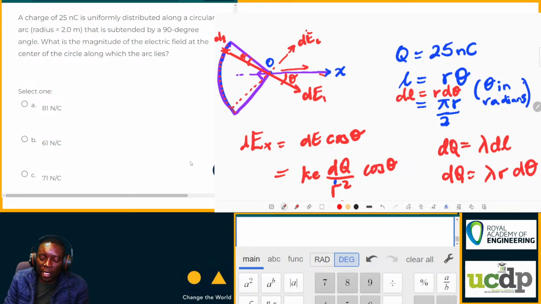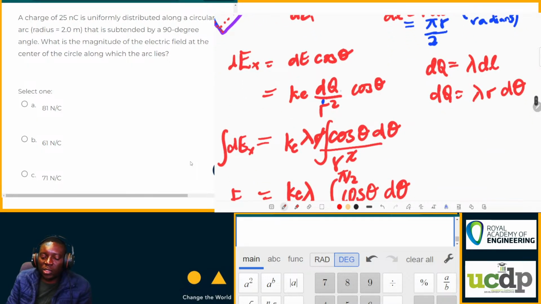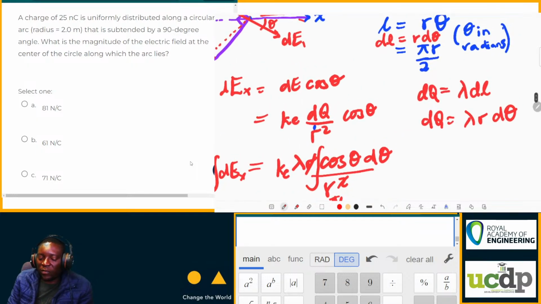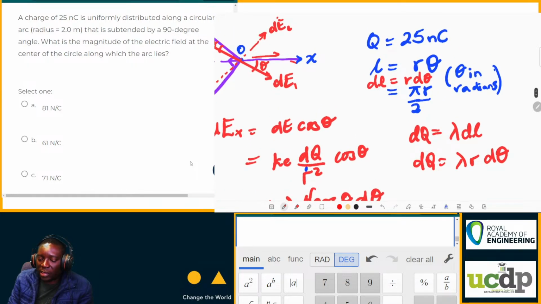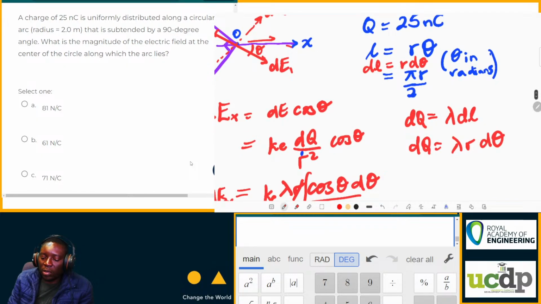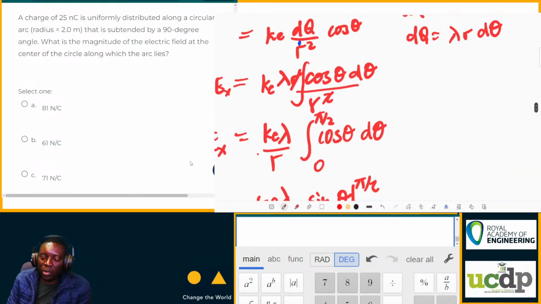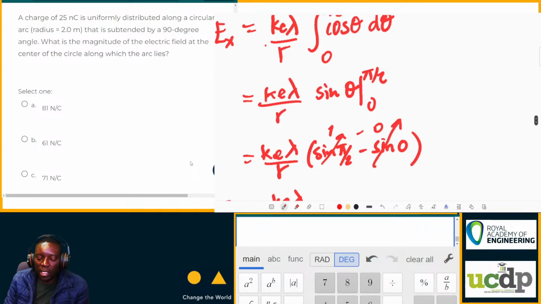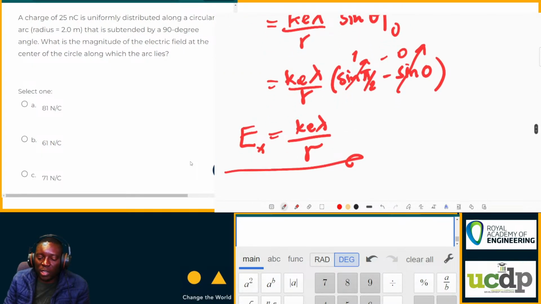What is changing is the angle. So ideally, you want to express your dq in terms of a d theta operator. So you have to know that L, in this case relating to r d theta, will give you your change of variable that can enable you to express the electric field at that point in a simple fashion like this.